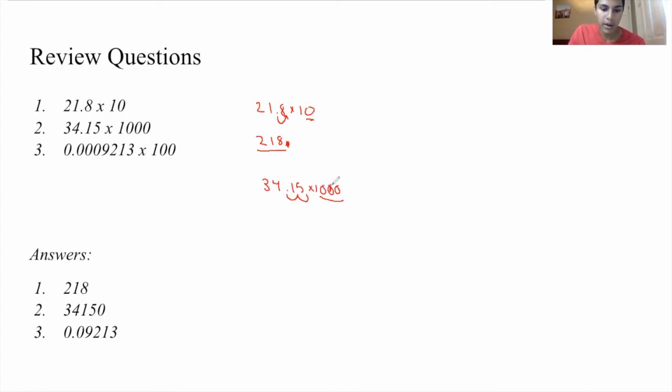We used 2 of these zeros, so we cross them off to remind ourselves we have 1 left, and just do the problem from there. If we move it 2 spots to the right, that gets us 3,415. And now we need to use another 0. This is 3,415 times 10. So we just add the last 0 on the end because we can't move the decimal point any longer. So we get 34,150.